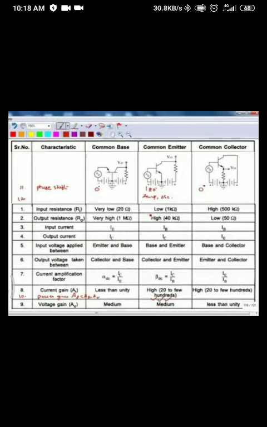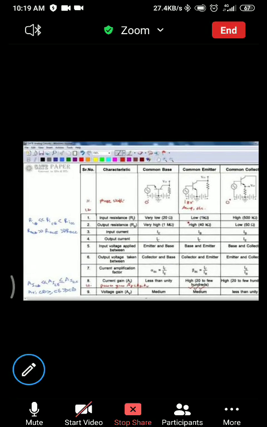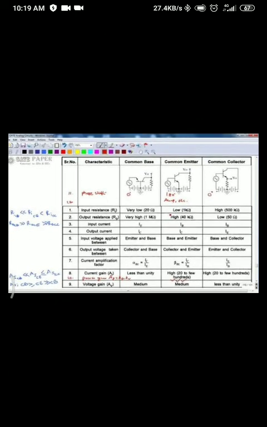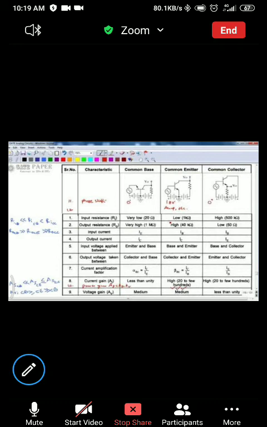Then current gain for common base is less than 1. For common emitter it is very high, and for common collector also it is high. Voltage gain for common base is medium, for common emitter it is again medium, and for common collector it is less than unity, meaning less than 1. So this is the circuit, as well as the comparison between the three types of configuration.